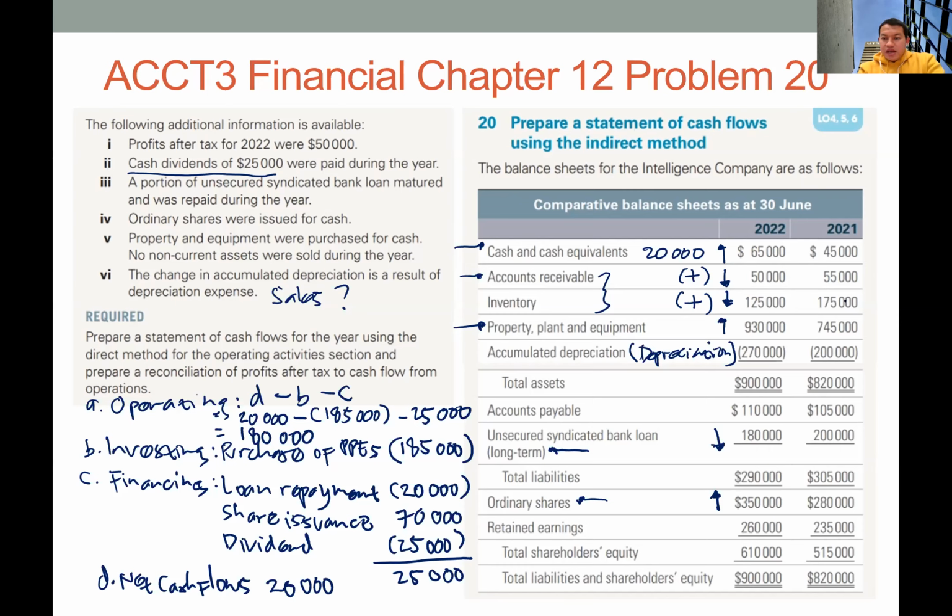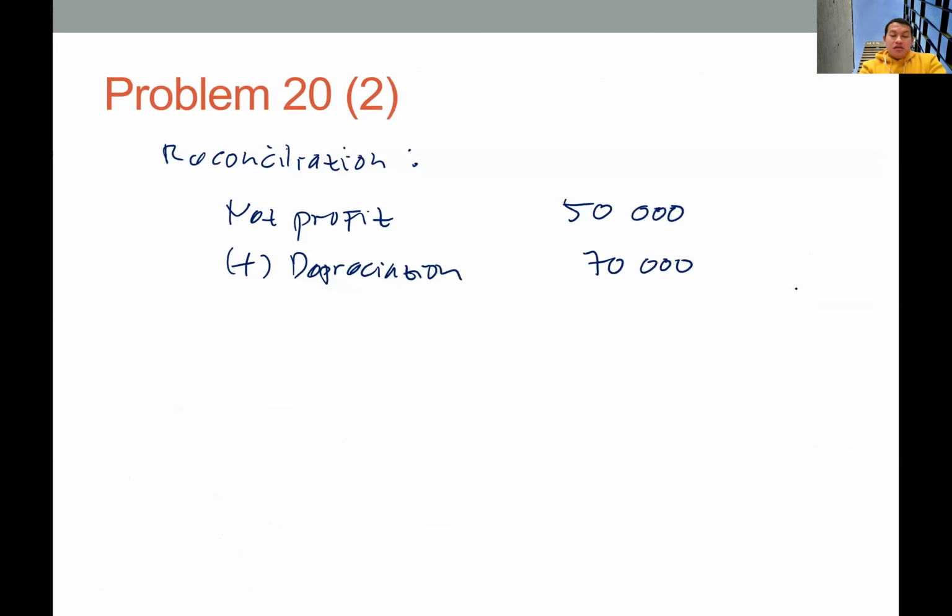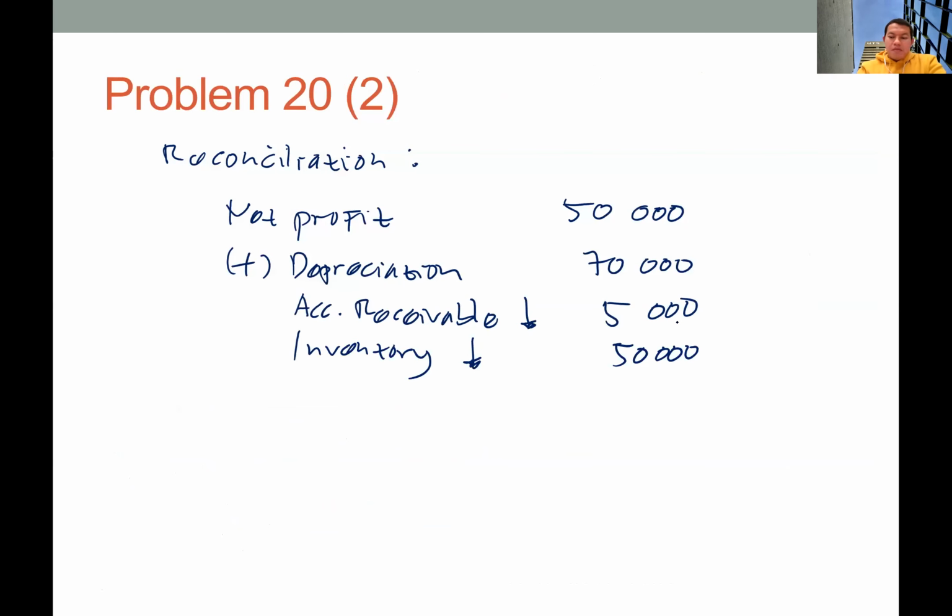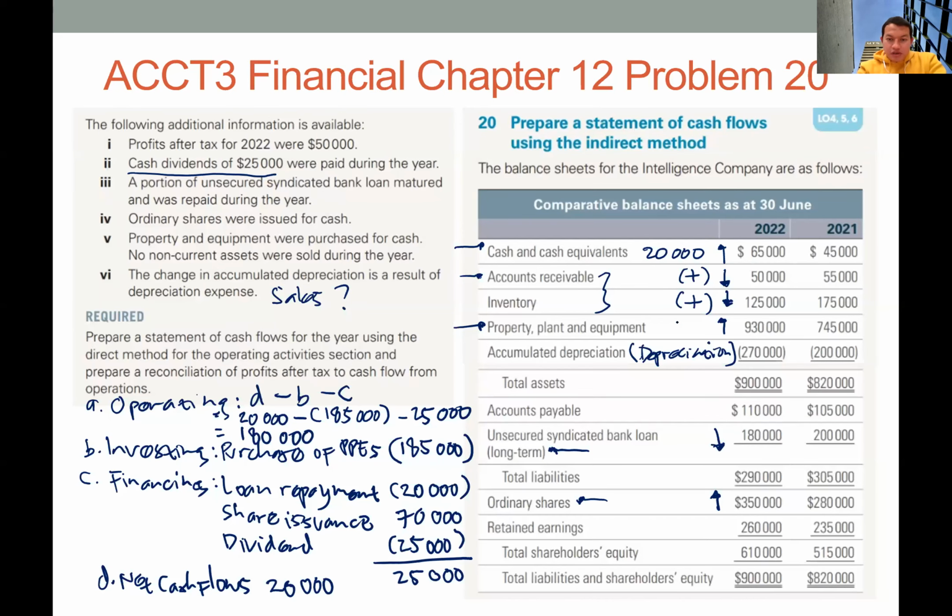So 5,000 and 50,000. First we have account receivable, 5,000, and inventory, a decrease of 50,000. Okay, so this is the current assets.